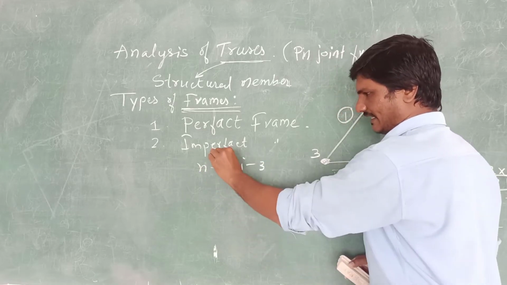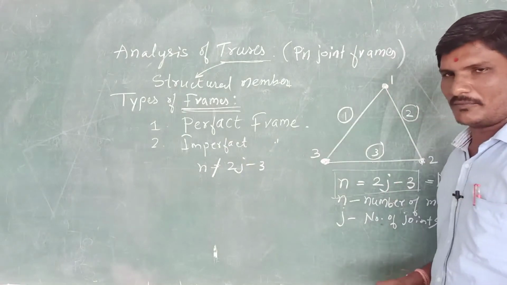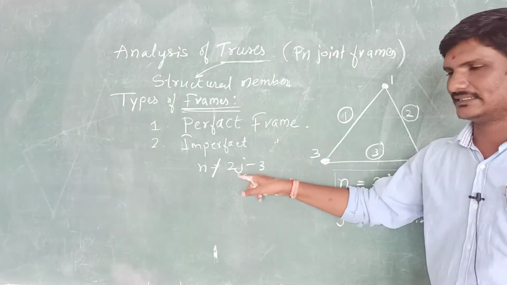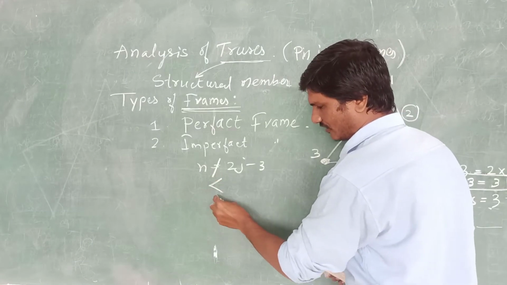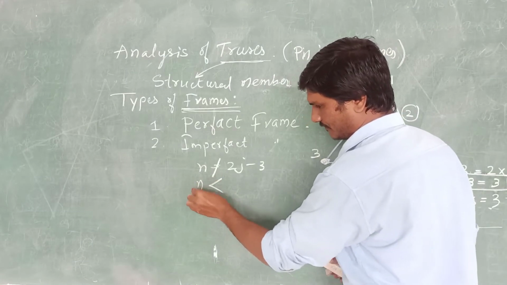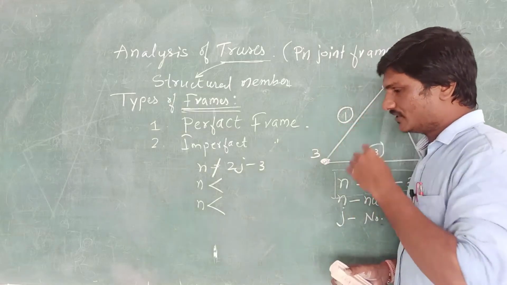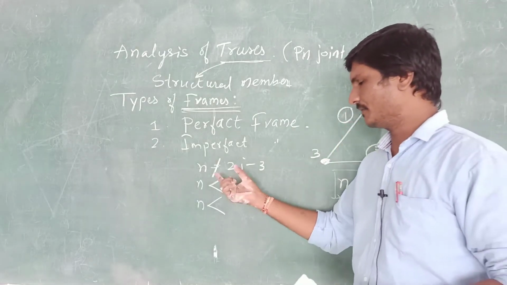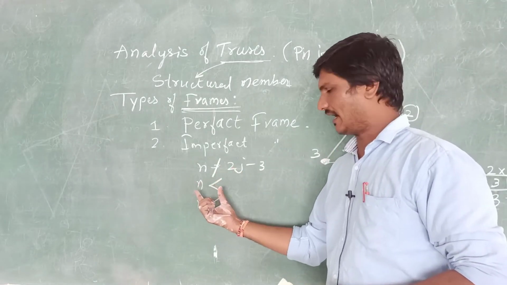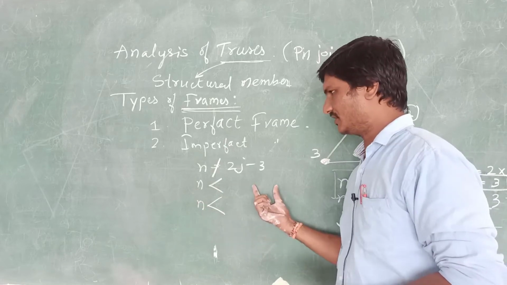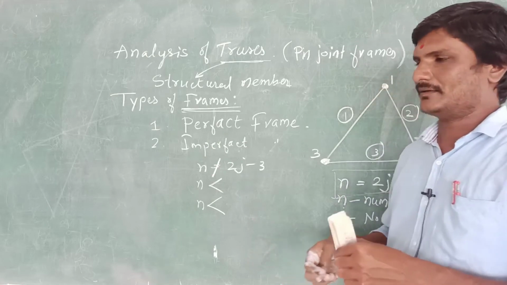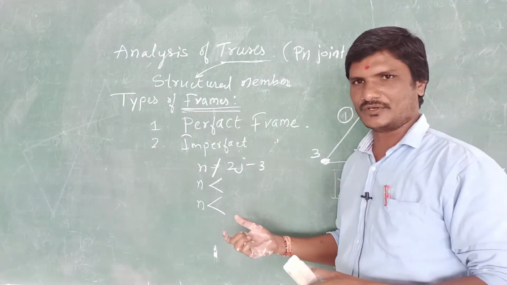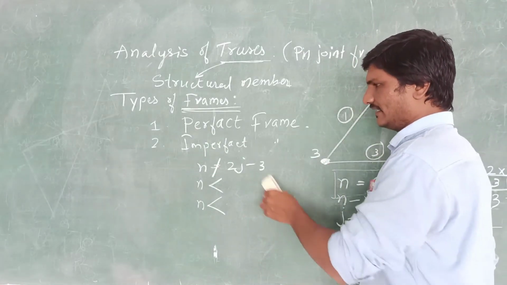So in this case, the number of members is not equal to this equation. So either it may be less than or greater than the number of members. If the number of members is less, or if it is more than the equation, then we say it is an imperfect frame, where the body gets distorted.